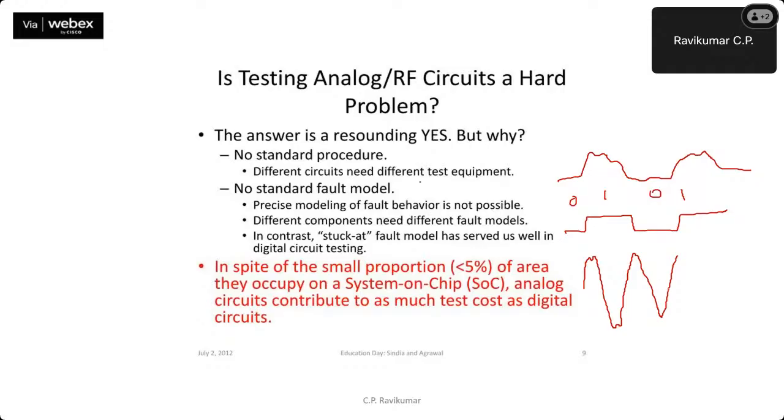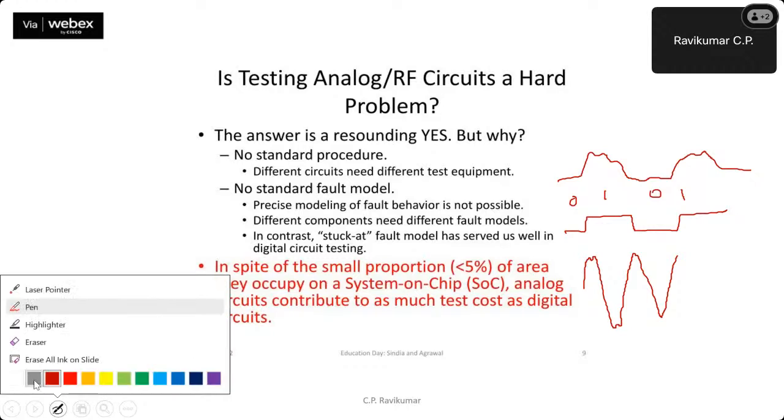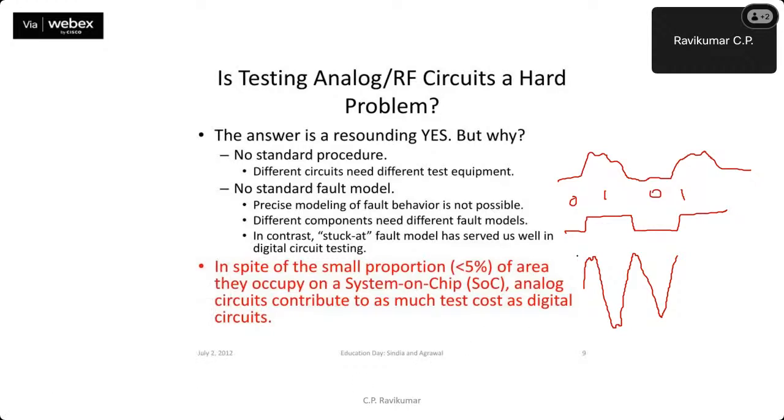And in digital logic, we had a nice stuck-at fault model, but here there is no such thing, right? Suppose this sinusoidal is coming from some sort of an oscillator. Imagine that we have made an oscillator like a Colpitts oscillator or something like that, and it is supposed to produce an analog waveform, the sinusoidal waveform.